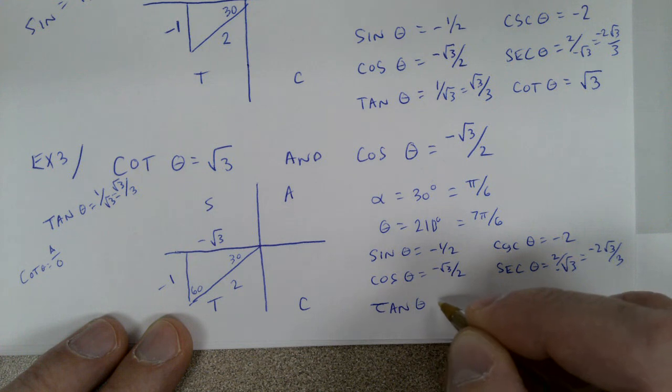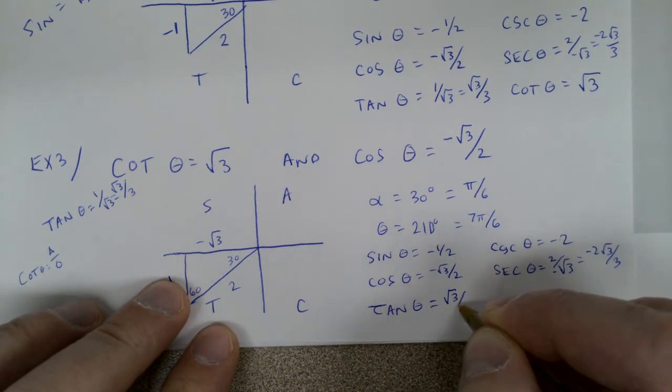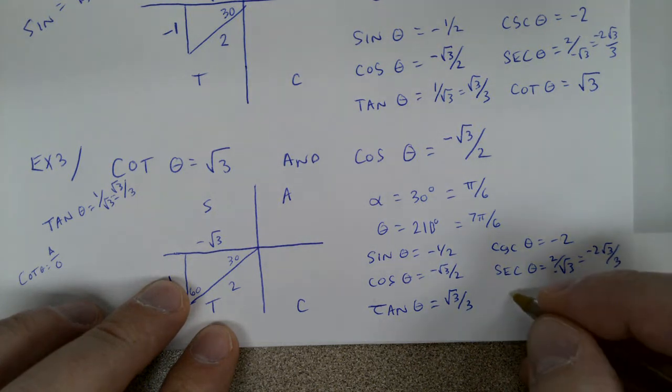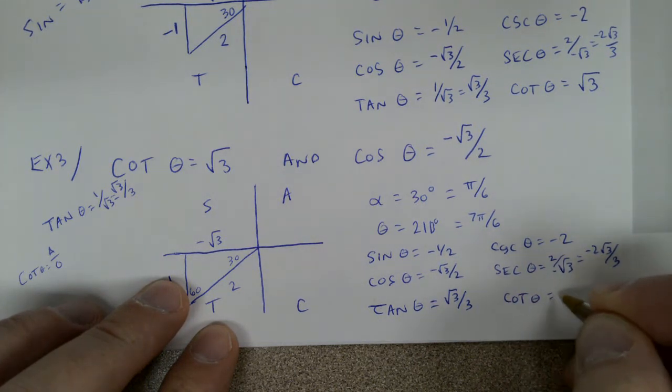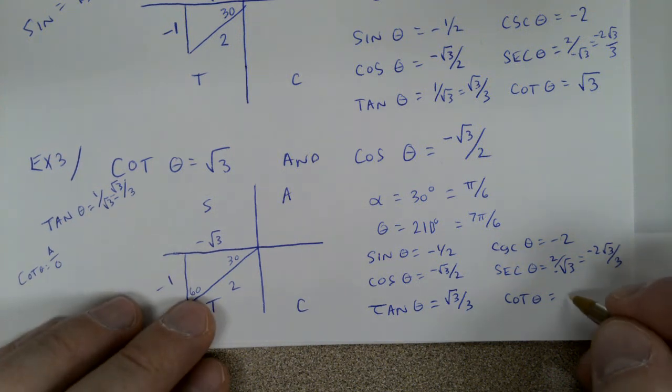Tangent theta, we already figured over here, is positive radical 3 over 3. And cotangent is simply radical 3.